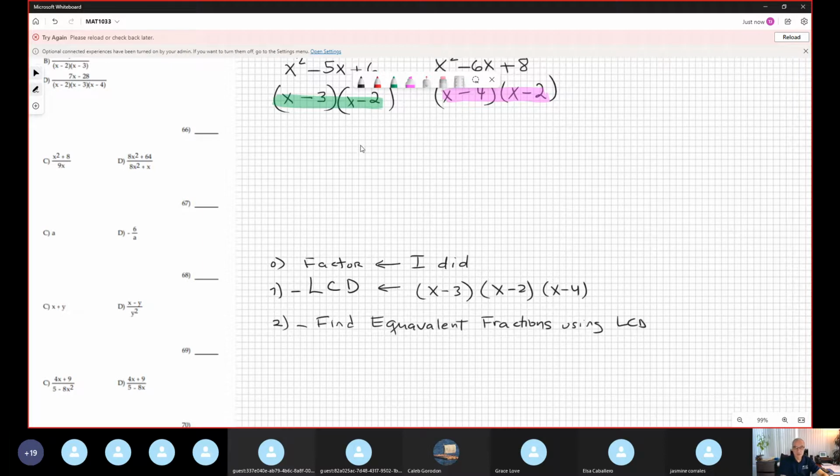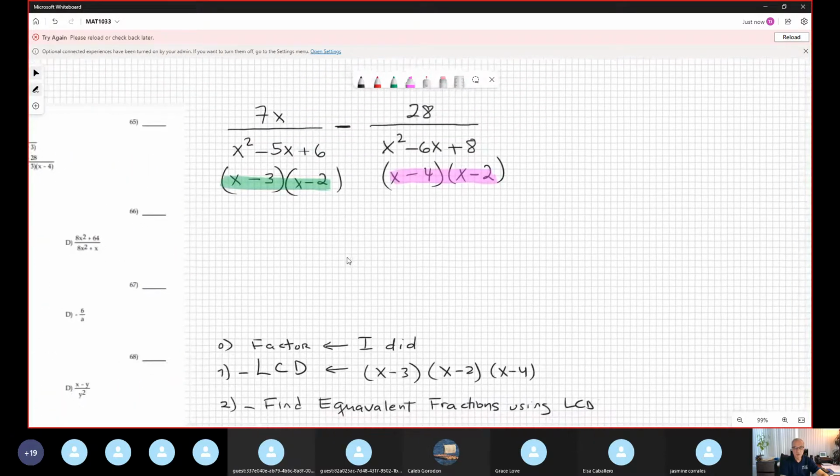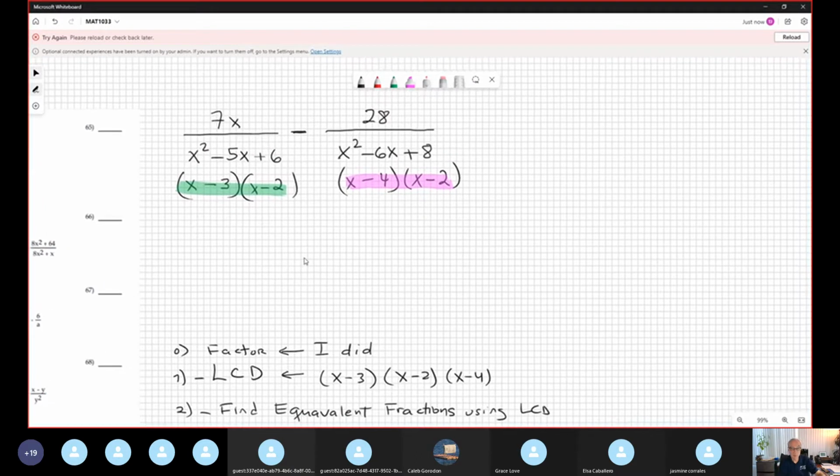So basically the action that we are doing now is equivalent fractions. It's one long line and you copy in the bottom the LCD: x minus 3, x minus 2, one time of course, x minus 4. My goal in step 2 is to find the top part, minus. It is minus.